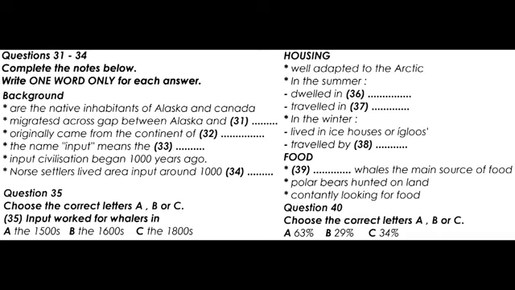Their culture spread eastward and is called the Thule culture, after the place in northern Greenland where archaeologists first discovered it. The first Europeans to meet Inuit people were Norse settlers in what is now northern Newfoundland, Canada. These settlers lived there for a short time around 1000 AD.